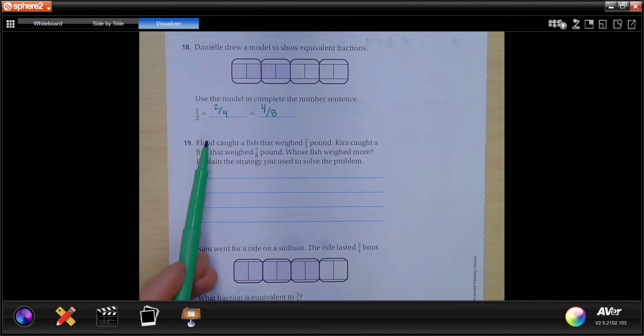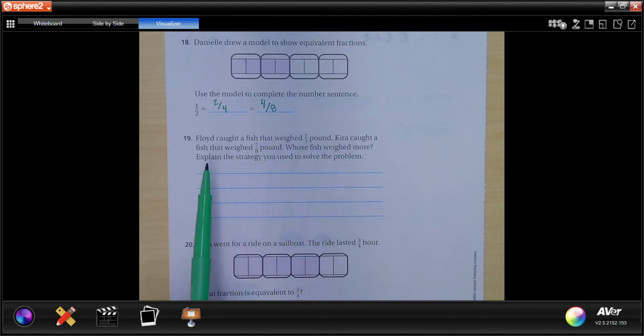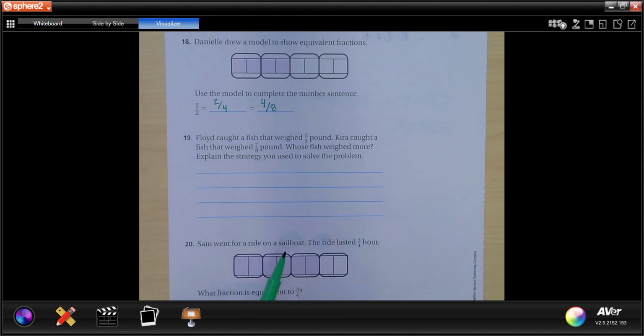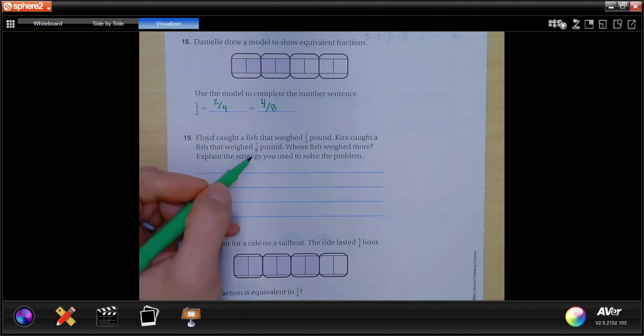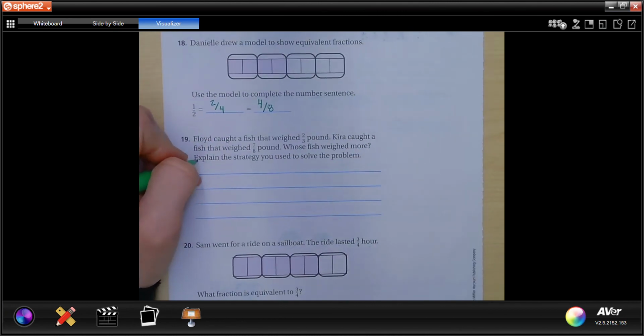Number 19. Floyd caught a fish that weighed 2/3 of a pound. Kira caught a fish that weighed 7/8 of a pound. Whose fish weighed more? Explain the strategy used to solve the problem. Well, we have to think, does it have the same numerator? No. Does it have the same denominator? No. So we know that we have to use what?